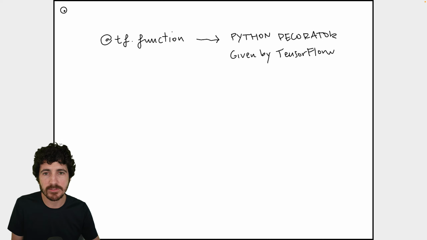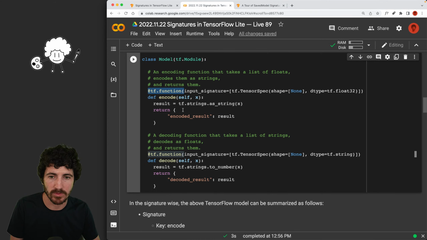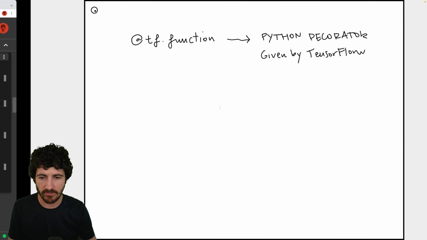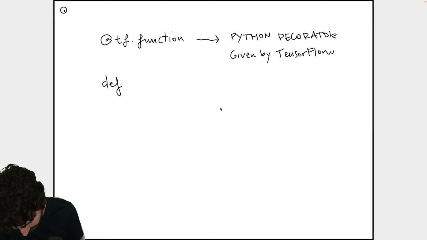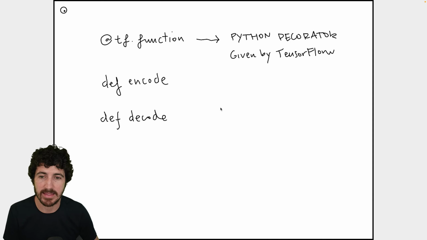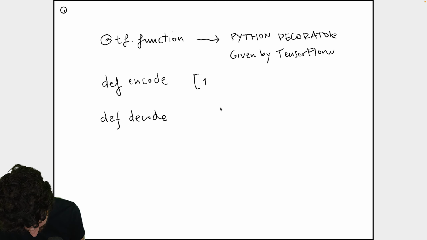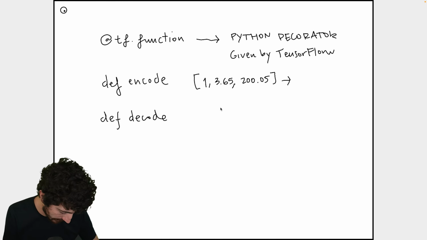Okay, so let's keep going. In the example that we were looking at, we're defining two functions: encode and decode. What those functions are going to do is go from a list of floats into a list of strings, so these are not going to be floating point anymore.